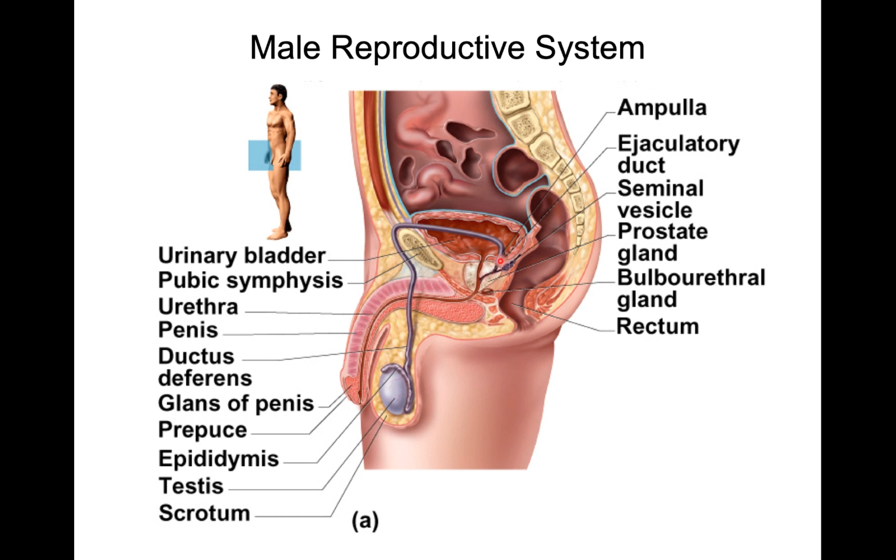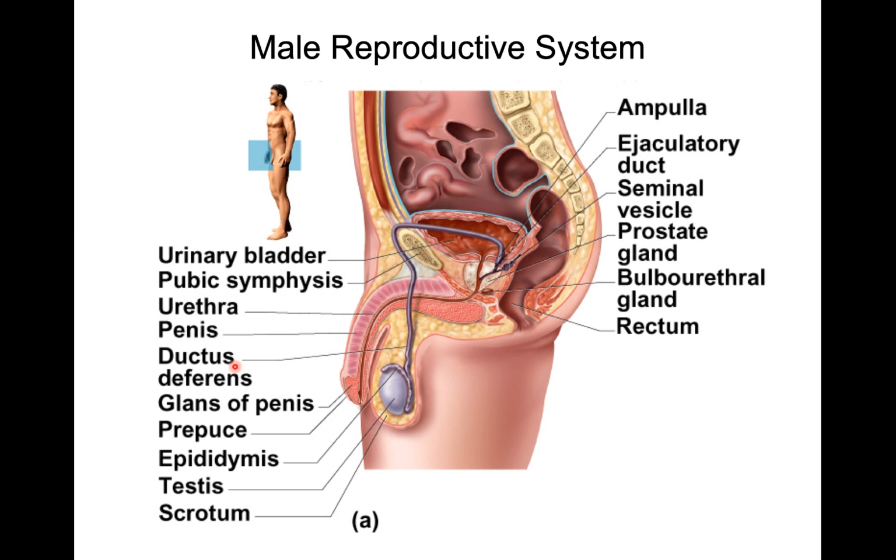This ejaculatory duct, if we follow it around, it's going to go around the pubic bone and down into the scrotum, which is this sac. The scrotum holds within it the testes, and the testes are where you produce testosterone as well as sperm. This structure that's laying on the testes is called the epididymis, and it connects up to the tube-like structure called the ductus deferens.